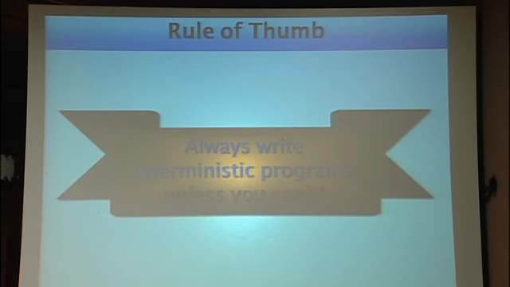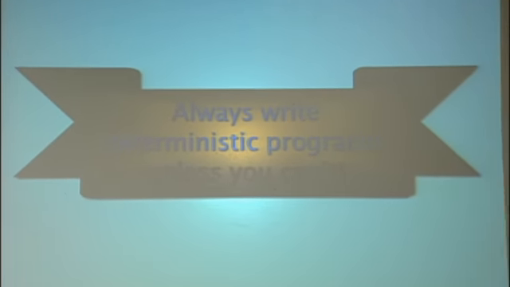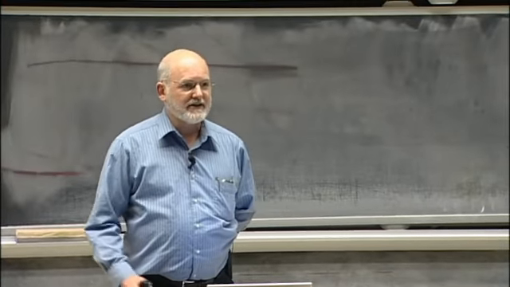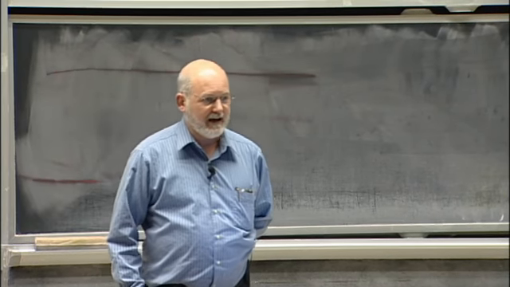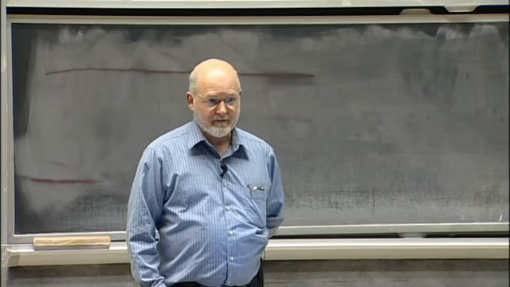It basically says always write deterministic programs unless you can't. Sometimes the only way to get performance is to do something non-deterministic. And so this lecture is basically about some of the ways of doing non-deterministic programming.